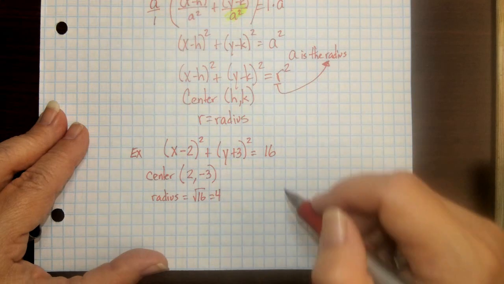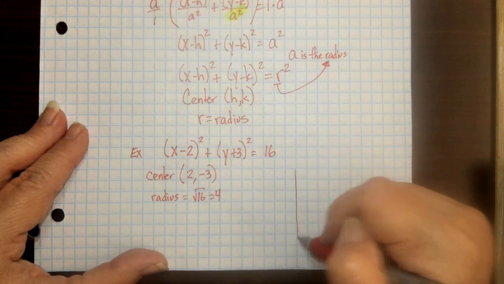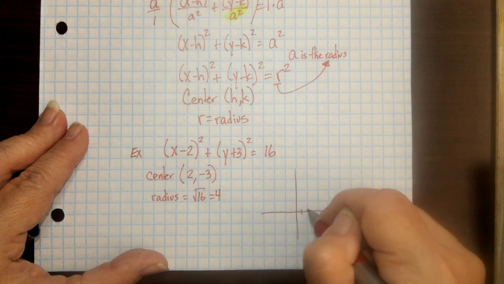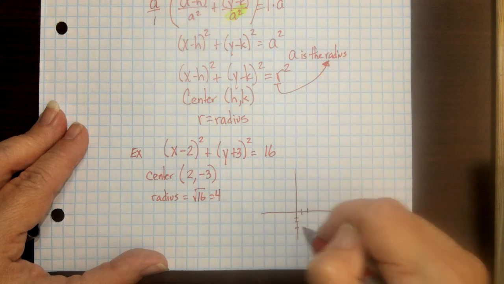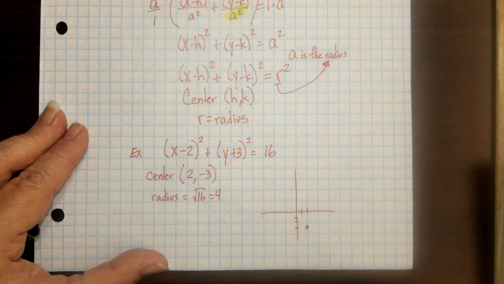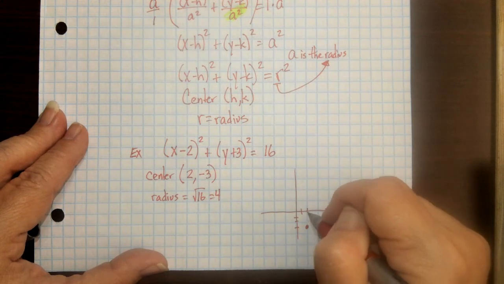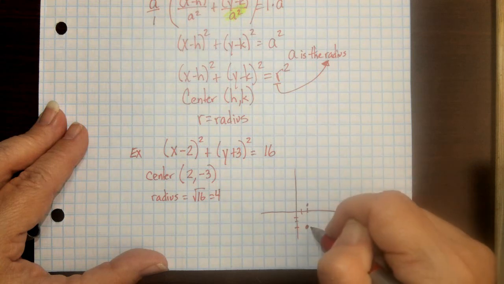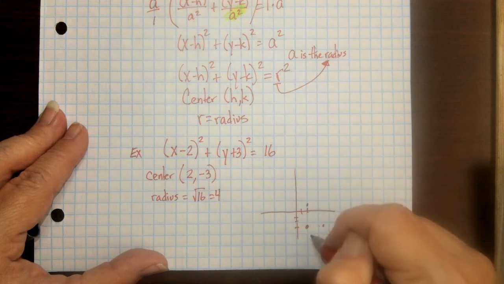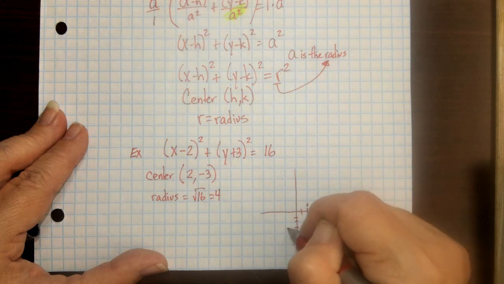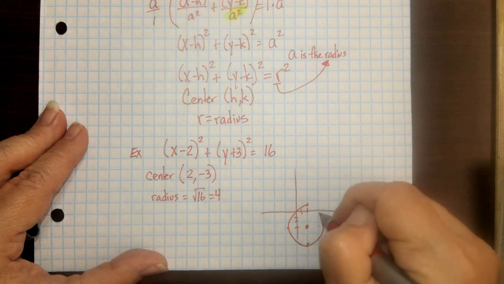So with that information, I could come and draw the circle. I would go to 2, -3, put my dot for the center of my circle, and then I'd go 1, 2, 3, 4 in all directions, and I'd be able to sketch a circle.